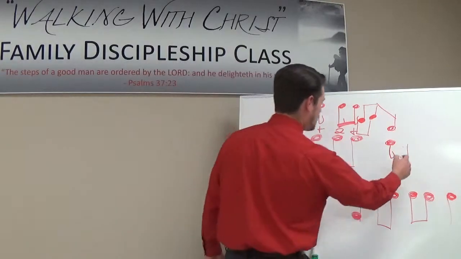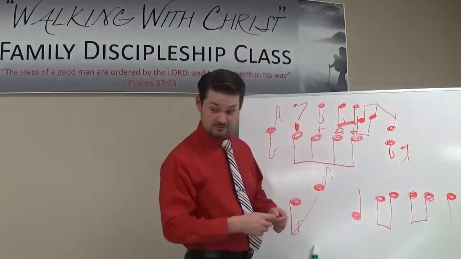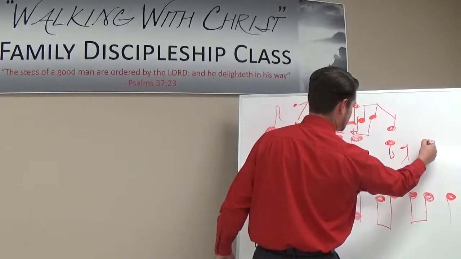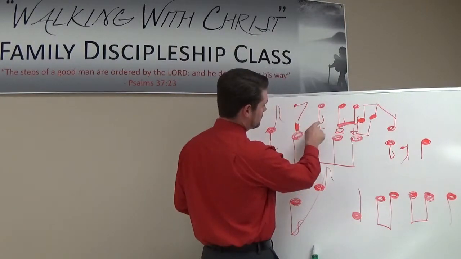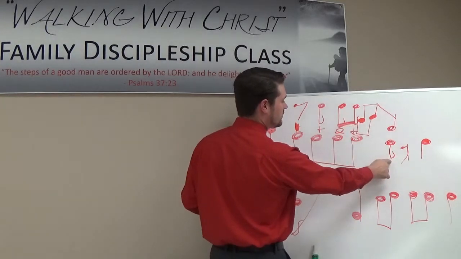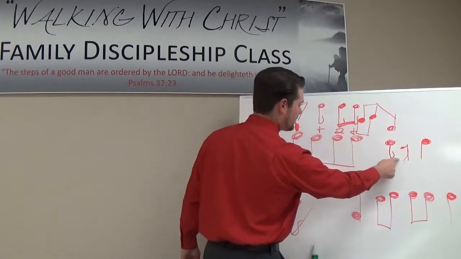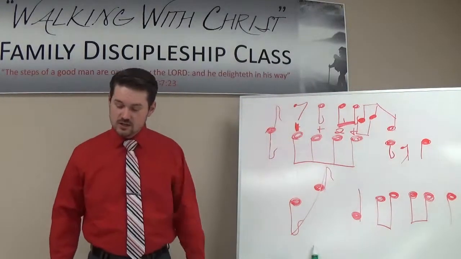Eighth rest, okay. Okay. And a quarter note? Yeah. How about that? And a quarter note. So it should be an eighth rest, an eighth note, 2 eighth notes, 1 eighth note, an eighth rest, and a quarter note. 1 and 2 and 3 and 4. That gives you a full measure of 4/4.